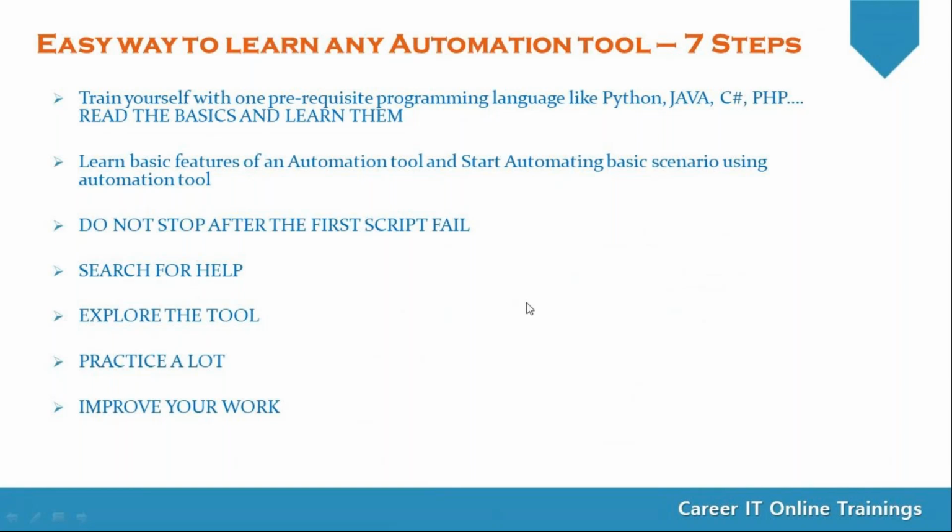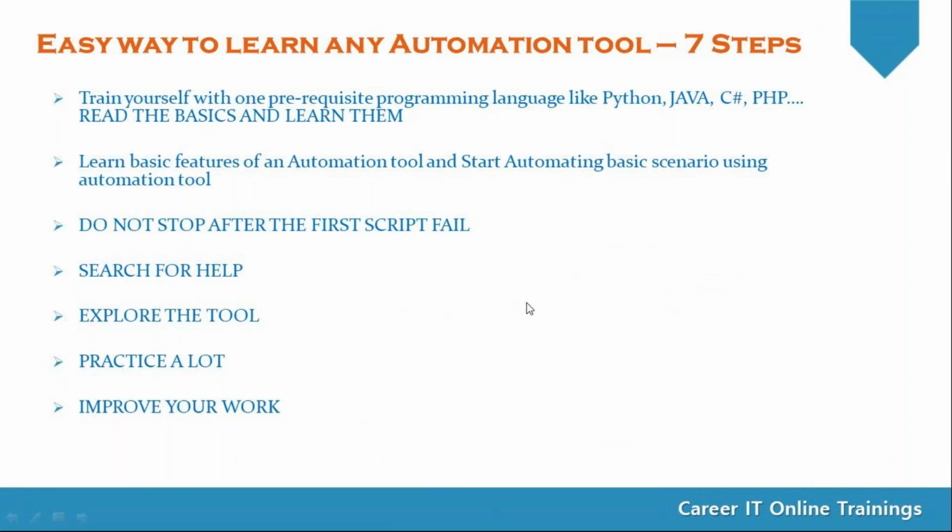Why it failed, where exactly it went wrong, we check all those and try to fix it. But even after trying to fix it, if it is not working, most people stop there itself, pick some other tool, and start learning other things. They stop their learning there.